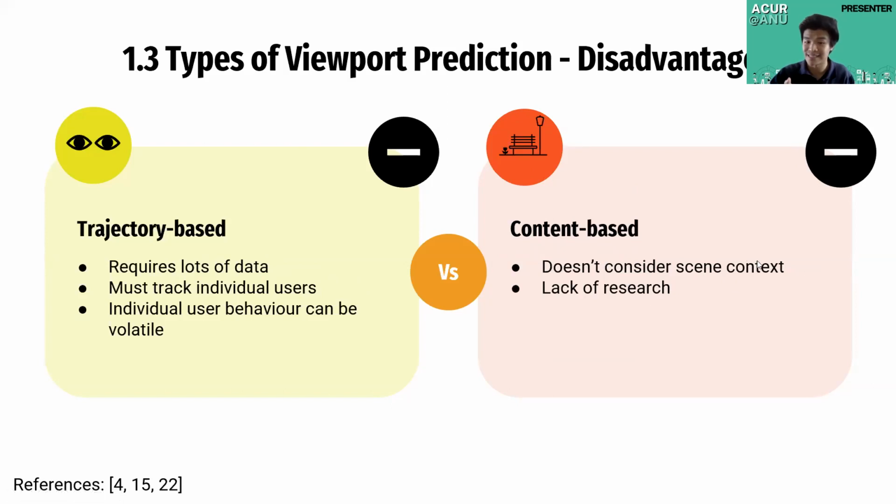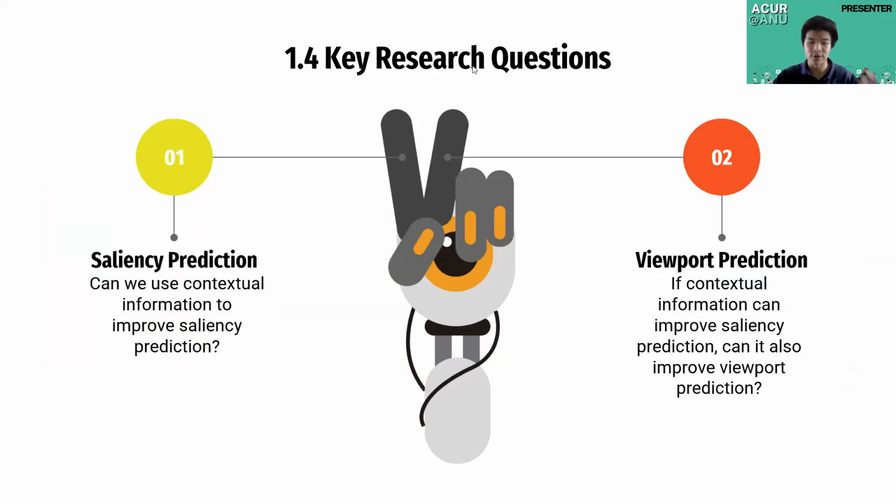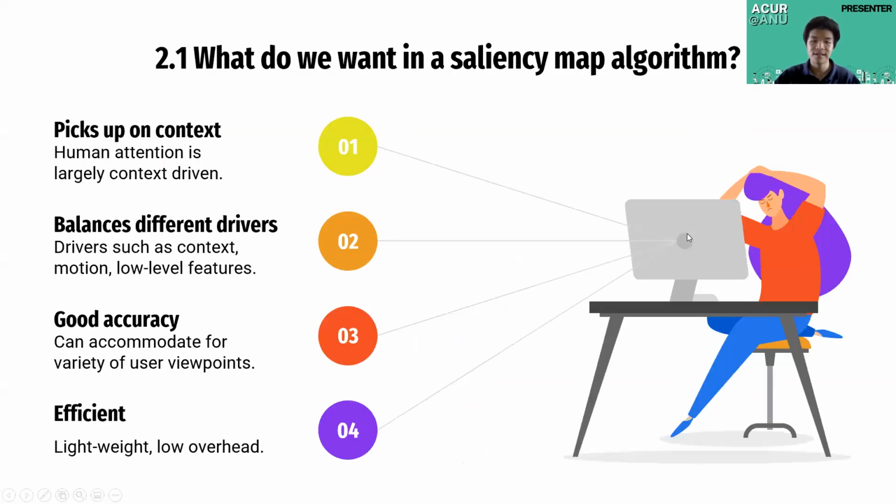The problem I'm addressing is how we can embed our understanding of the scene into current approaches. I talked about the two research questions, saliency prediction and viewport prediction, and how we can use saliency prediction to inform and improve viewport prediction. And then I talked about the four main criteria that we want in a saliency map.